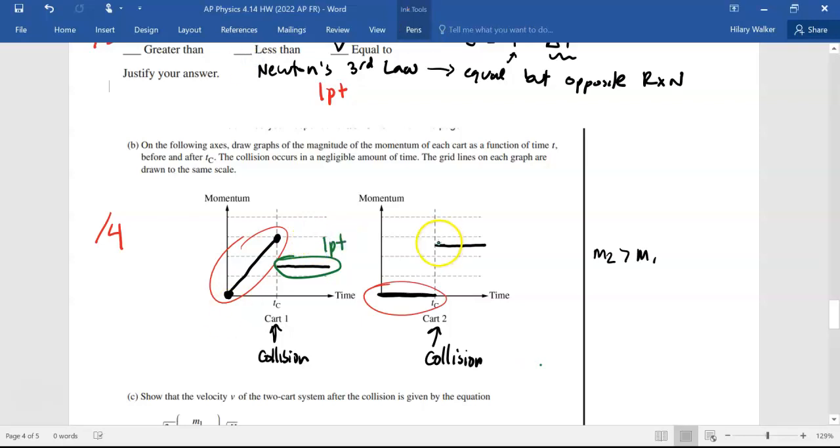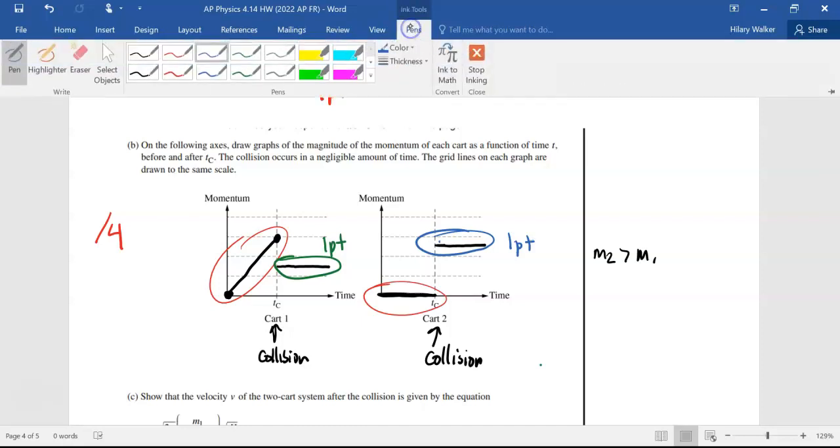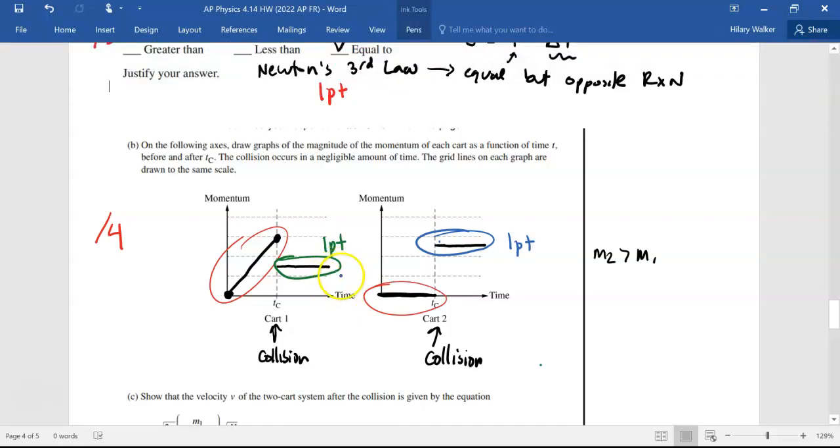And you also get 1 point, we'll do that in a different color, for recognizing that for cart number 2, the momentum is also constant after the collision, and that it has a bigger momentum than cart 1 because cart 2 is more massive than cart 1. And the last point, and this is the trickiest one: we know impulse equals change in momentum.